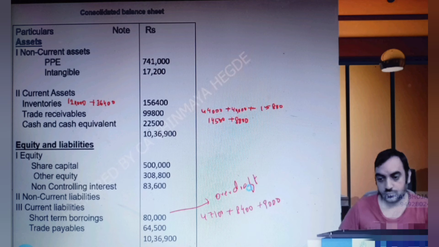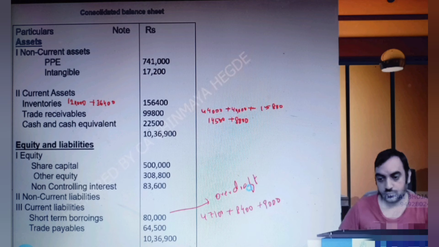On 1/1/2011, we had a plant and machinery which had a balance of 1,50,000, and we are acquiring on 1st of July after 6 months. Depreciation 10%.